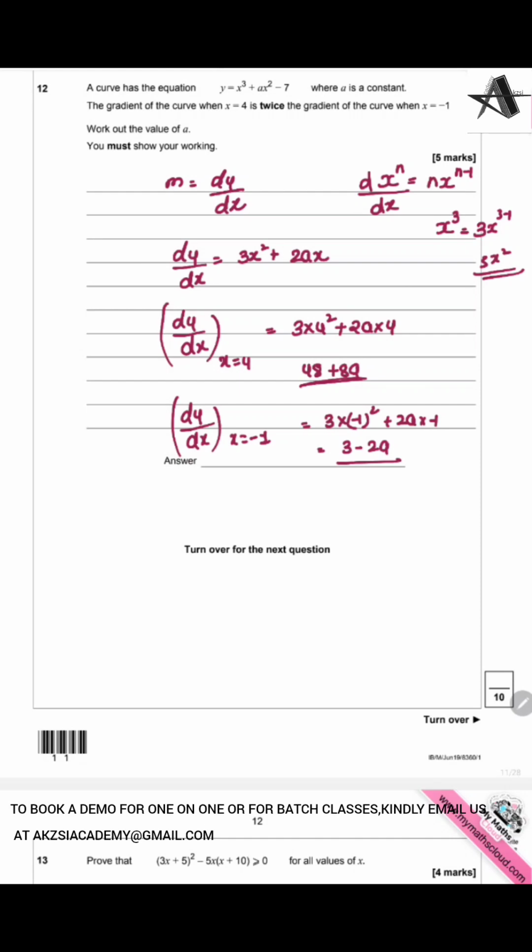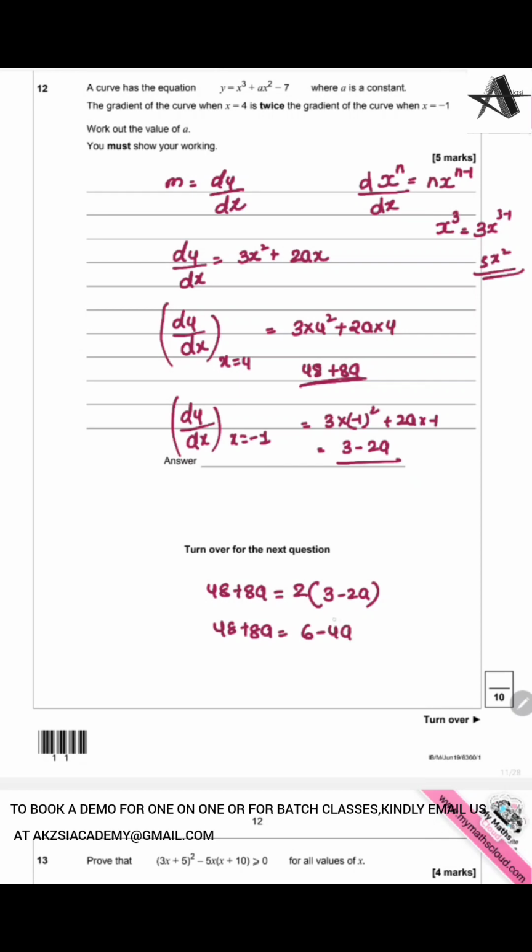There is a relationship given between them: the gradient of the curve at x equals 4 is twice the gradient at x equals negative 1. So I can say that this gradient, 48 plus 8a, is twice the gradient at x equals negative 1. So it's 2 times 3 minus 2a. So it will be 48 plus 8a equals 6 minus 4a.